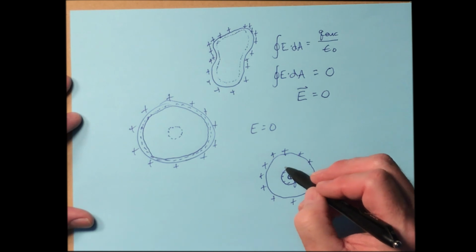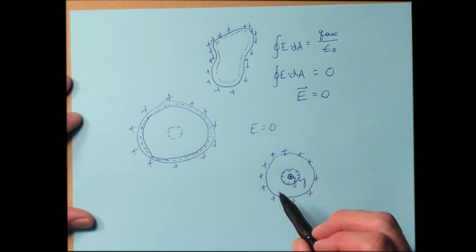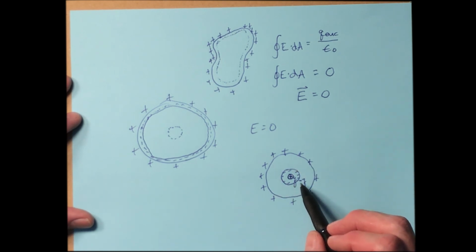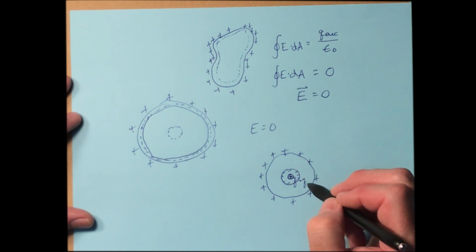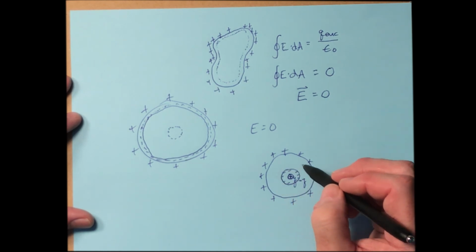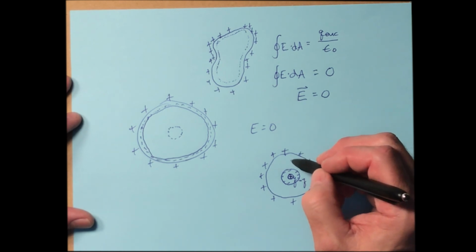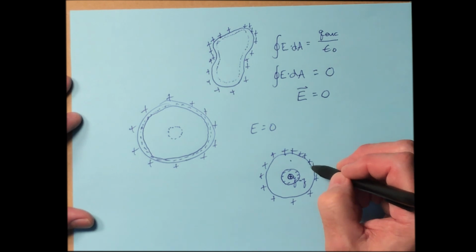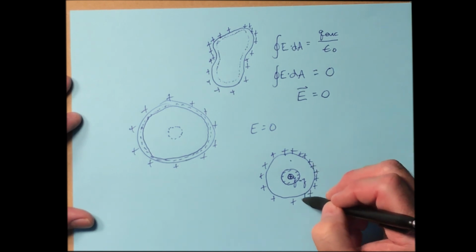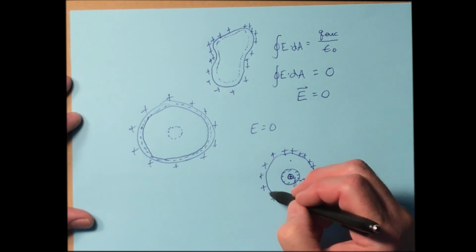So where did those charges come from? That means there is a deficiency of electrons somewhere else. And that means we have positive charges out here in the sphere, but those positive charges are going to get away from each other as much as they can and create even more positive charge out here.